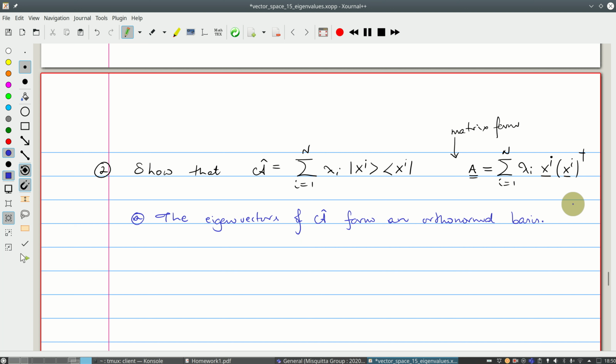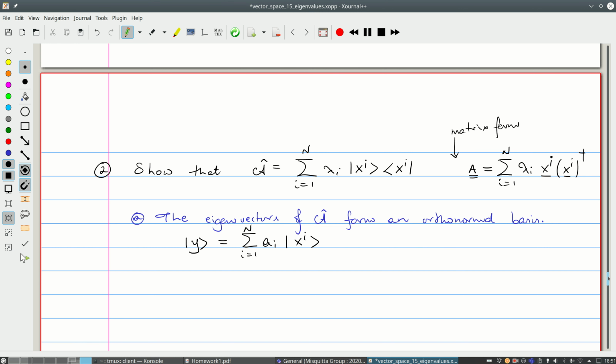Now what that means is if I have any vector y, I can write this as a linear combination, I goes from 1 to n, of some coefficients ai times these basis vectors xi.